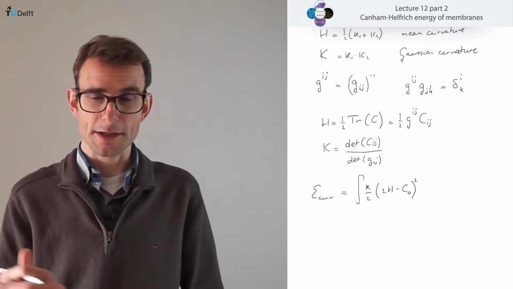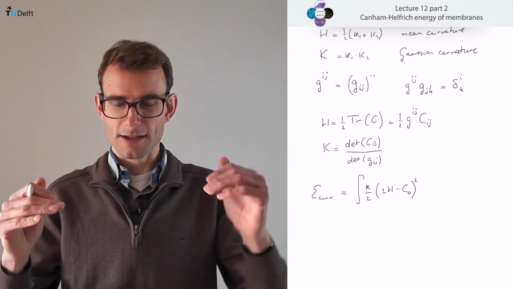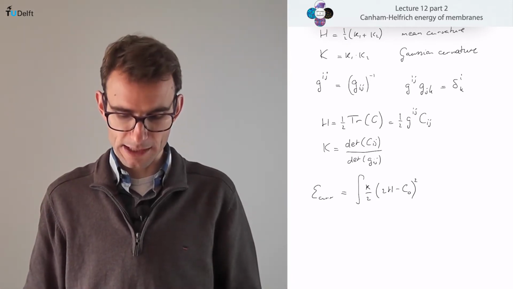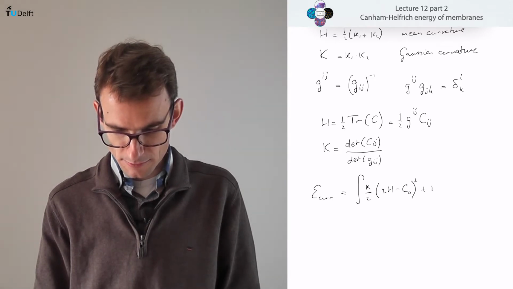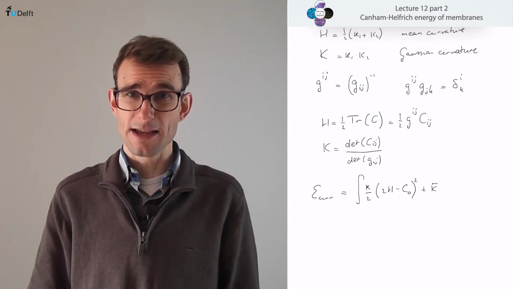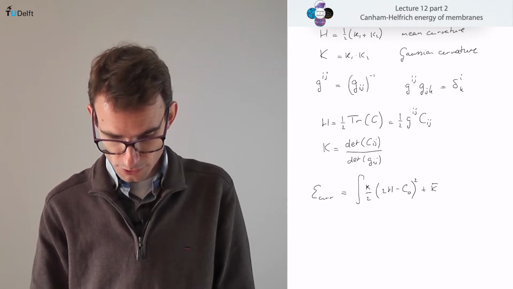Because of this argument that I just gave, deviations in the positive or negative direction should count in the same way. Plus a second term, which is typically written as a K with a bar, or something with a K with a sub G, times the Gaussian curvature.